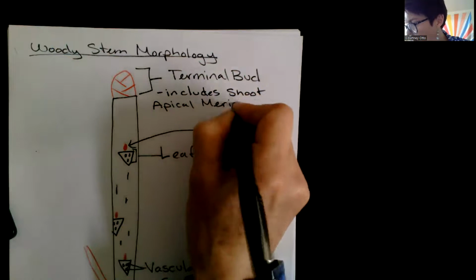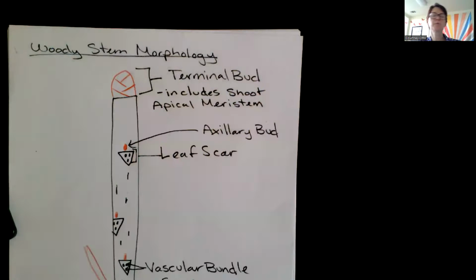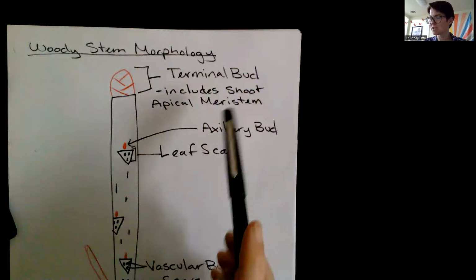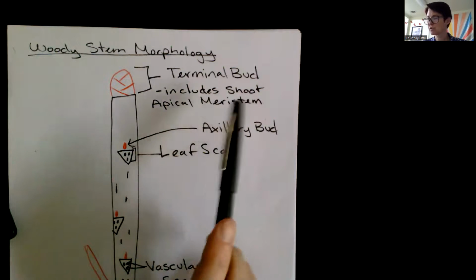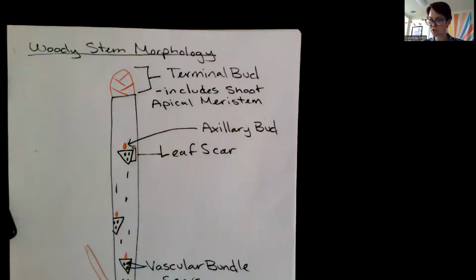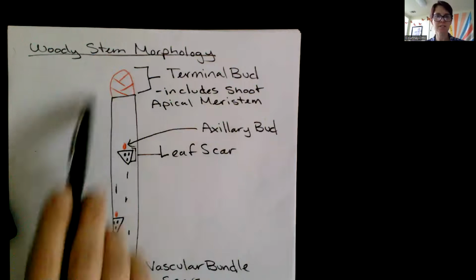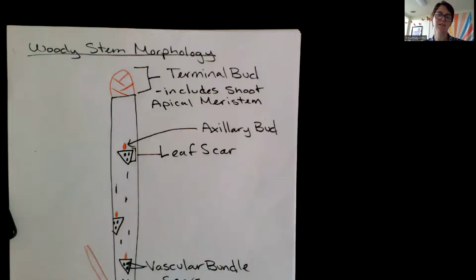Now you already know how roots grow, and you know that we can trace all cells in the root back to the root apical meristem. Well, the same is true in the shoot, except we're going to be tracing it back to the shoot apical meristem. So shoot just means that we're above ground, that we're in the shoot. Apical just means it's at the tip. And remember, whenever you see that word meristem, you should think lots and lots of mitosis, lots and lots of growth, right? Because that's what that terminal bud will do.